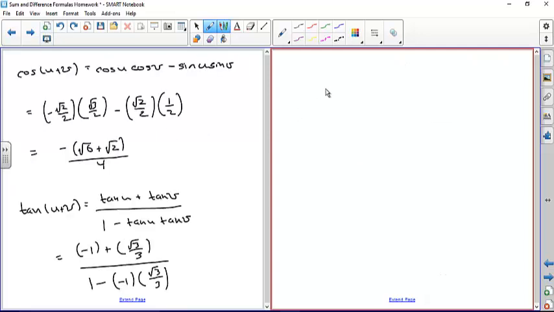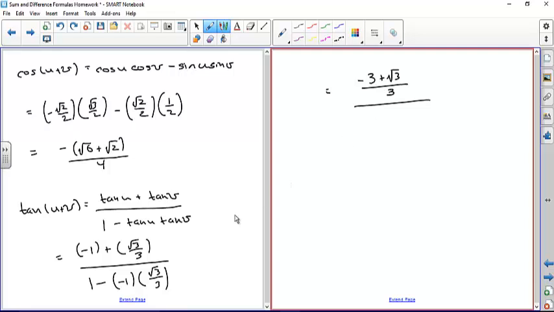So what I would do, I think, is find a common denominator for both of these fractions. So in the numerator, you have negative 3 plus the square root of 3, over 3. What I've done is multiply the first term by 3 and divide by 3, so that gives me negative 3 over 3, this first term.